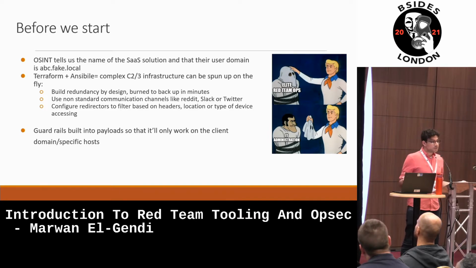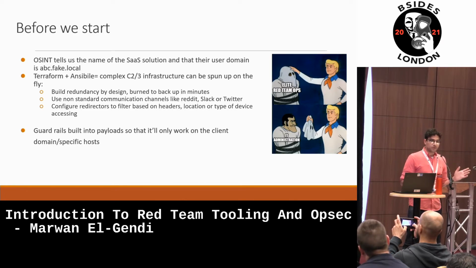But once we have OSINT and we understand what we're going for, we need to build up our environment. I can't stress this enough: Terraform and Ansible are the best things in modern red teams I can talk about. Getting that infra spun up with a couple buttons, and the configurations of a C2 and a C3 off the bat, is so much easier than doing it manually. And it's so much more reliable and dependable, being able to do it in a few quick steps, some configuration, and then it's the same every time.